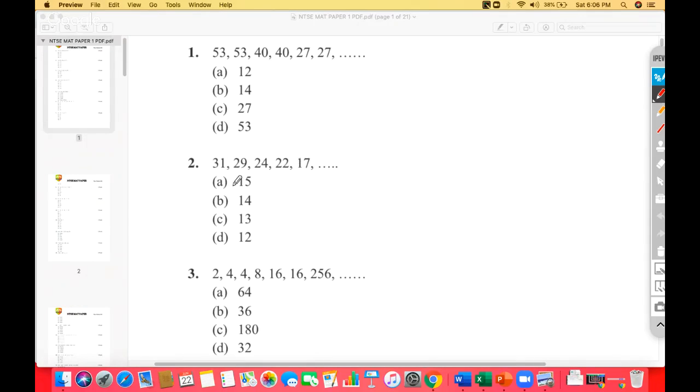Then 2A is, look at here, this is -2, -5, -2, -5. Next would be -2, so 15.